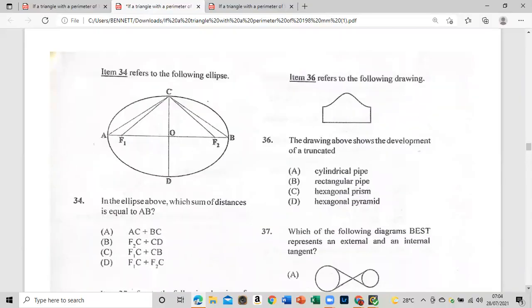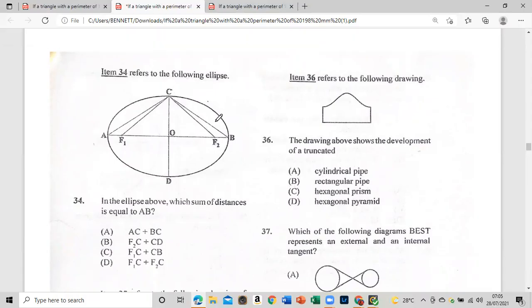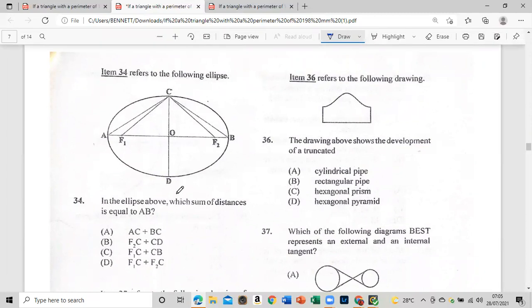The ellipse above, which sum of distance is equal to AB? Is it AC plus BC, or is it F2 plus CD?